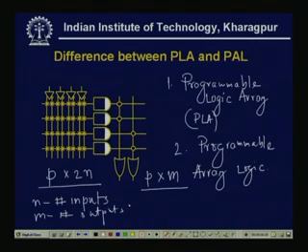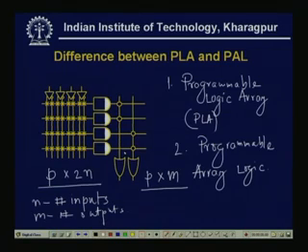Now, if it is restricted that only the AND plane can be programmed, but the OR plane is very much restricted, meaning one output can only take a particular combination of the set of product terms, then the AND plane is programmed but the OR plane is fixed.